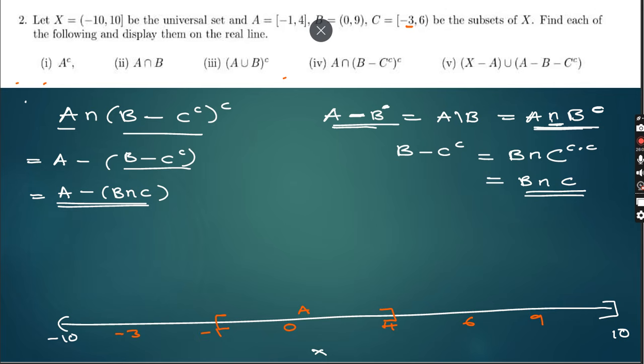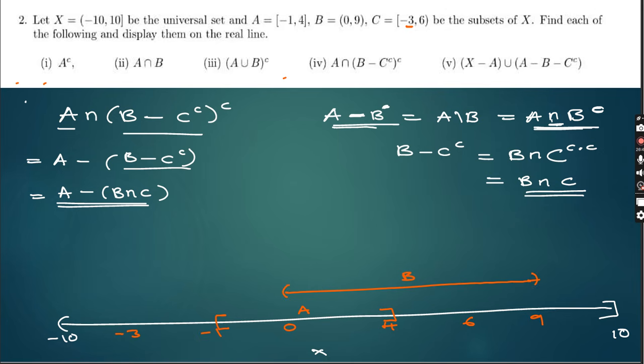What about our B intersection C? Let's go ahead and draw it. In fact, to understand this, they are telling you to write A by removing B intersection C. The minus shows we remove B intersection C from set A. So now we are going to draw our set B. Set B is running from 0 all the way to 9, and both are not included.